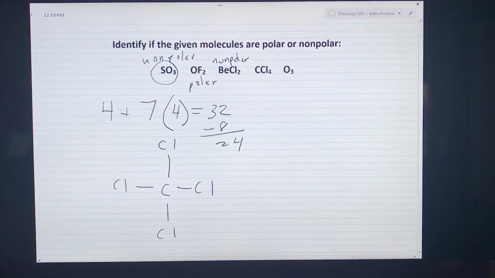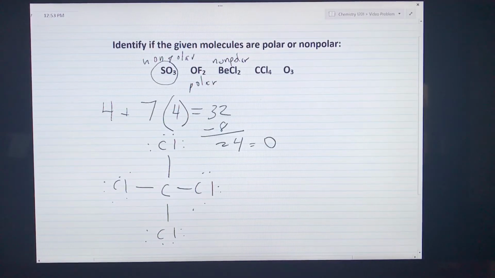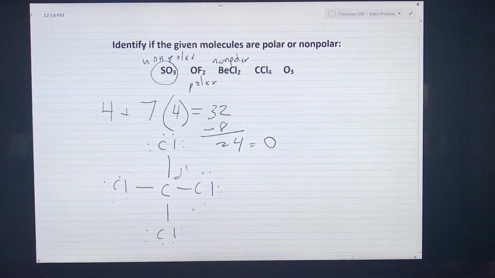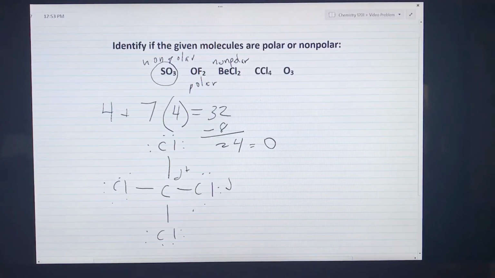And now you would start with the outside atoms. 1, 2, 3, 4, 5, 6, 7, 8, 9, 10, 11, 12. That would be 24 on the outside atoms, and therefore it would have 0 valence electrons left. So carbon has the more partial positive charge, and the Cl has the more partial negative charge.